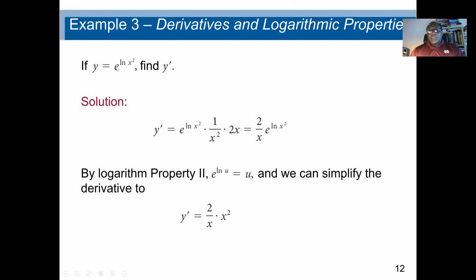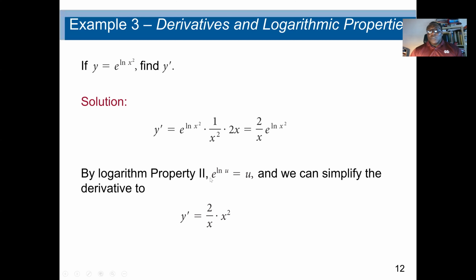What we are saying here is that natural log x squared is the exponent and the base is e. We know there's a log property saying that natural log is log base e, so the e can cancel the e. Again, natural log base e and exponent e, they will cancel, so this will give x squared.